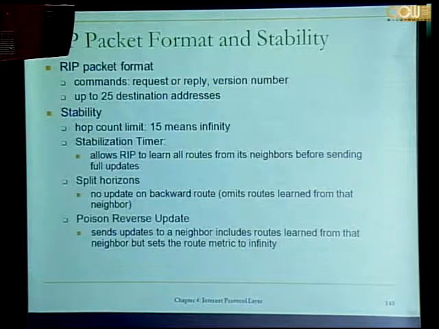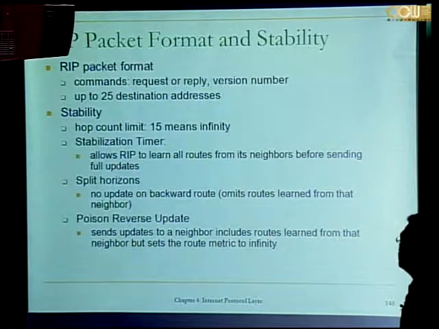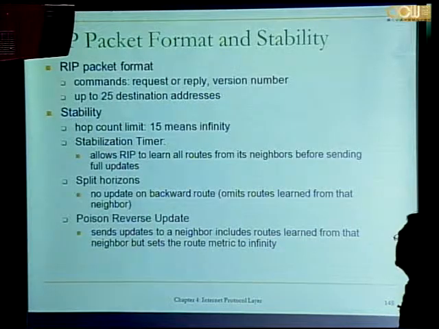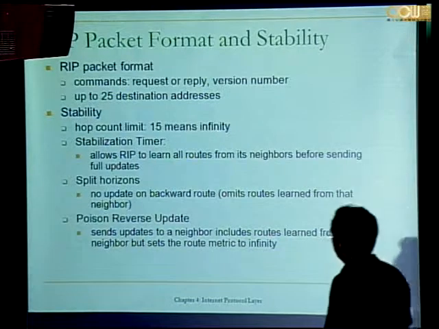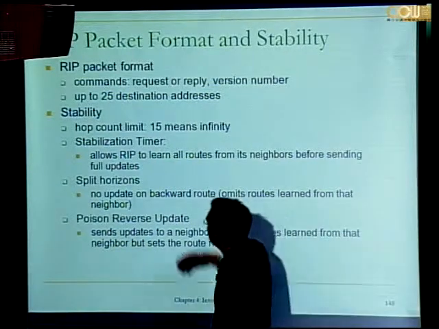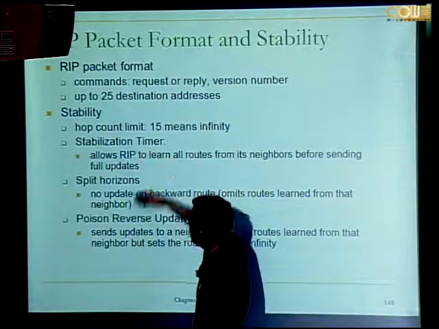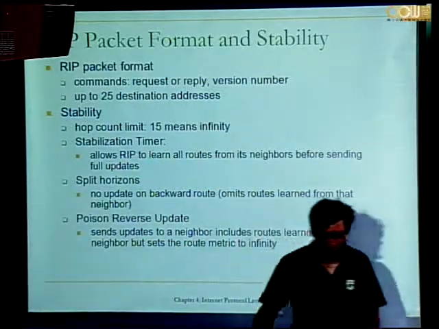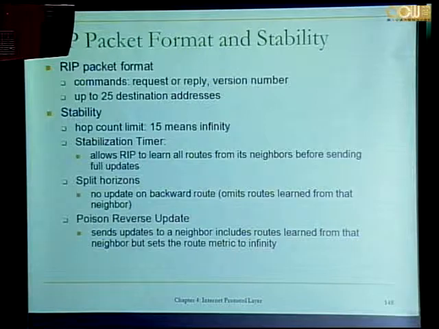And RIP, because it uses the Bellman-Ford algorithm, has the problem of count to infinity. So it also puts in place the three partial solutions. These are the three partial solutions we have described for the count to infinity problem.